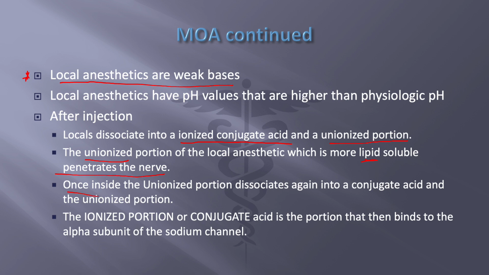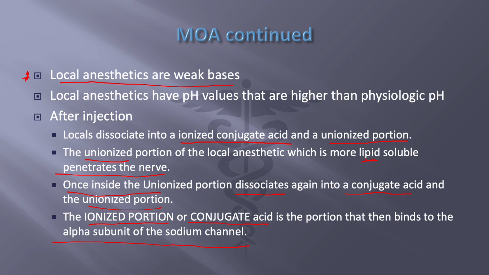But once we get inside of the nerve, the unionized portion is going to dissociate again into that conjugate acid and unionized portion. But this is where it's cool. The ionized portion, or conjugate acid, is the portion that then binds to the alpha subunit of the sodium channel.